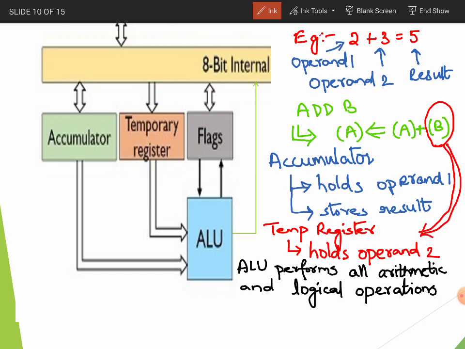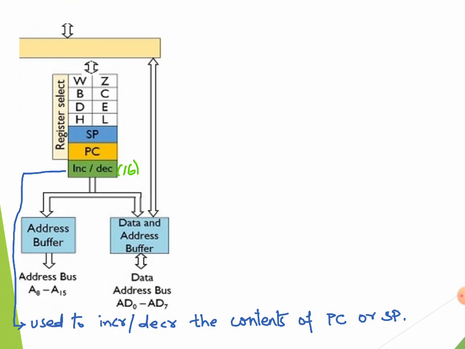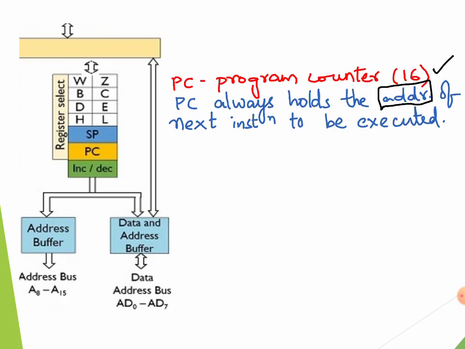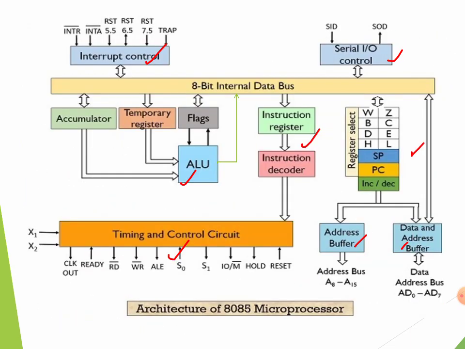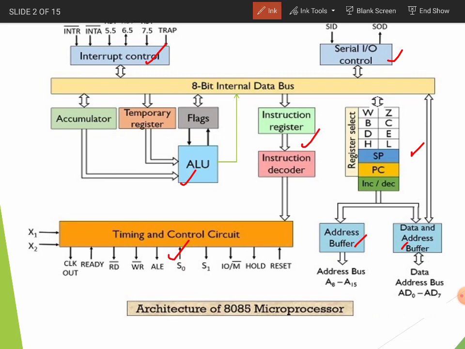Here the accumulator content will be 2, and from this B register, because 3 was there in the B register, the content will be taken into the temporary register.